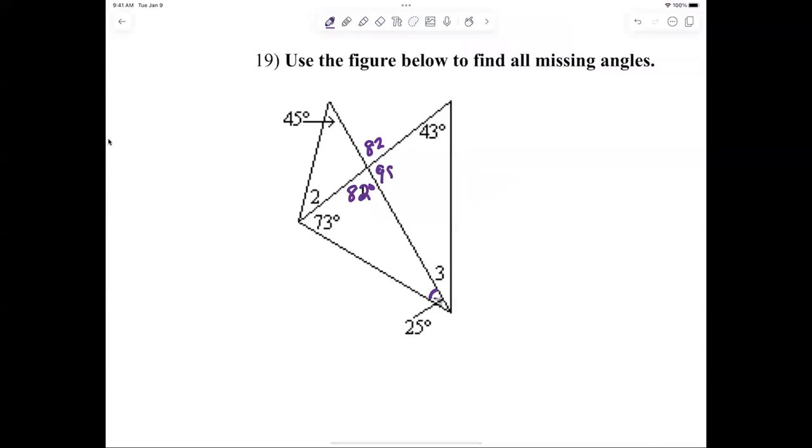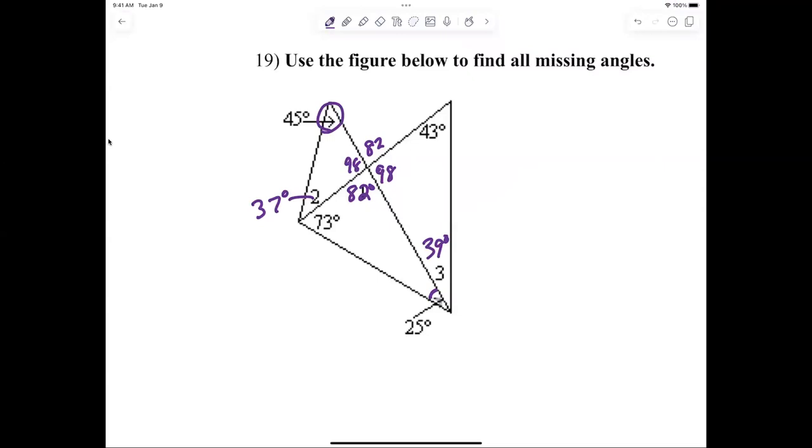So this guy right here, you could have said was 98. From there, if this angle is 45, how do I find angle 2? Does anybody have a problem with that being 37 degrees? And then angle 3 has to be what?